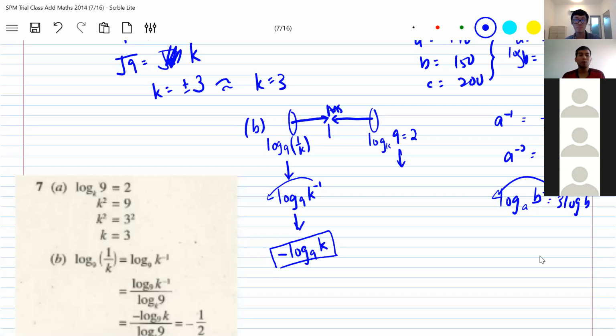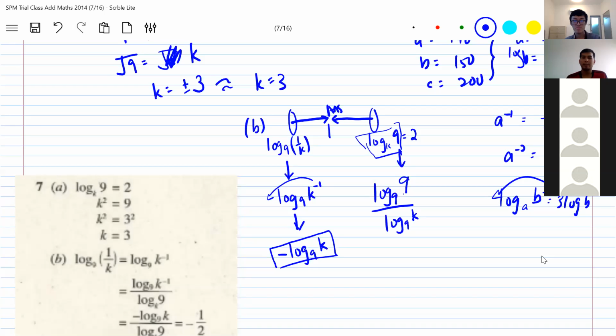If you look in your formula sheet, you can change it to base 9. I'm working on the left part only right now. This left part, I change the base to 9, but it follows this: log base 9 of the main number, 9, divided by log base 9 of k.